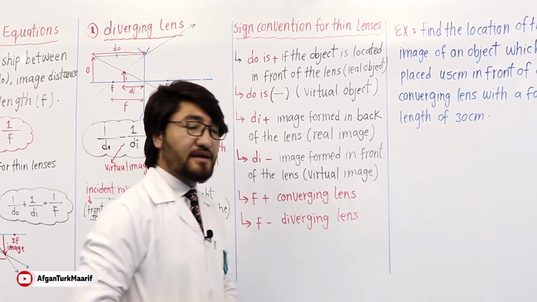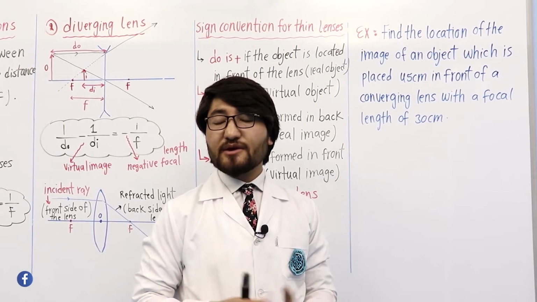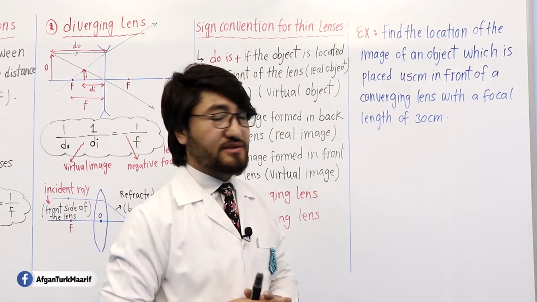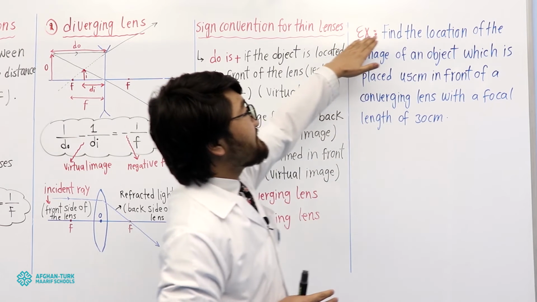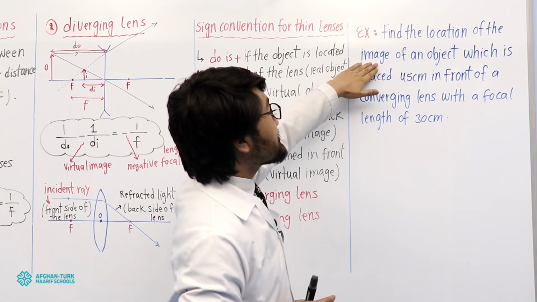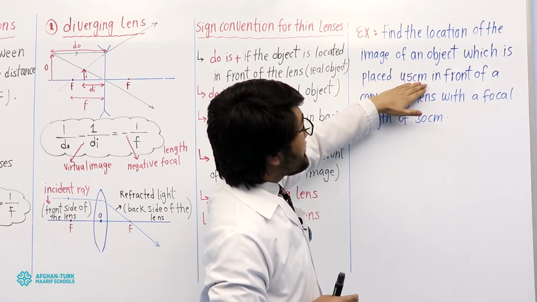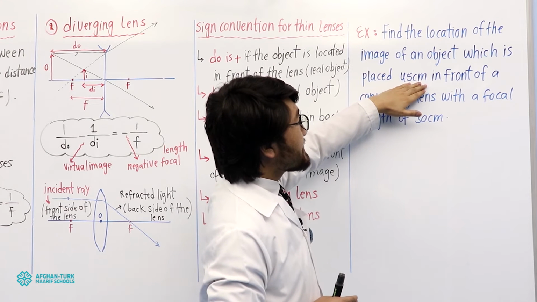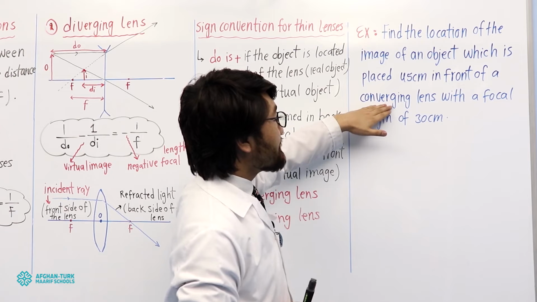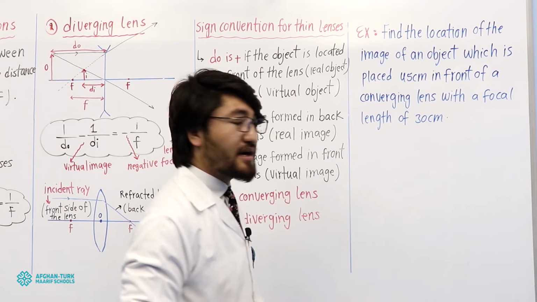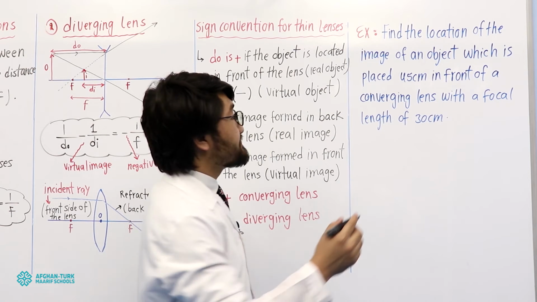Let's solve more questions about the thin lens equation. Example number 1. Find the location of the image of an object which is placed 45 centimeter in front of a converging lens with a focal length of 30 centimeter.